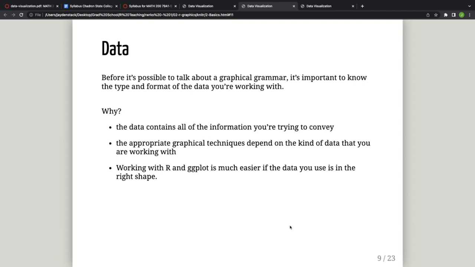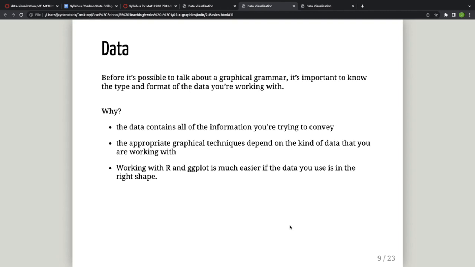I had talked about earlier the different data types that we had. We could have continuous or discrete. We could have binomial, multinomial, polynomial type data.